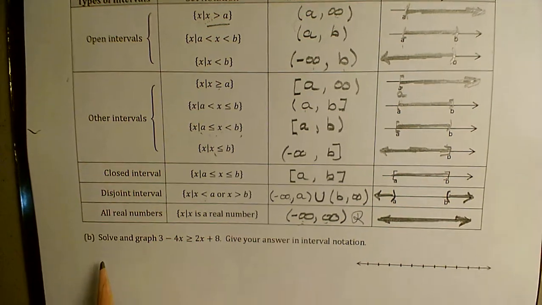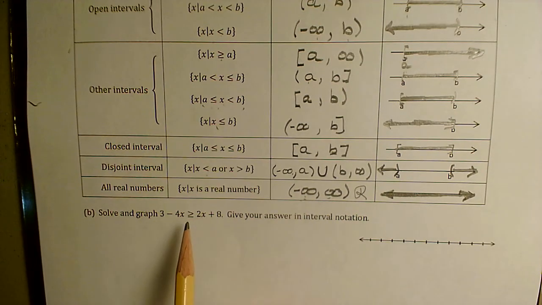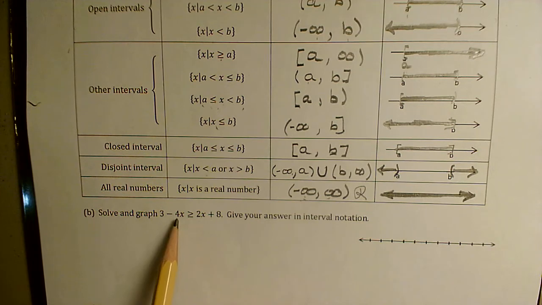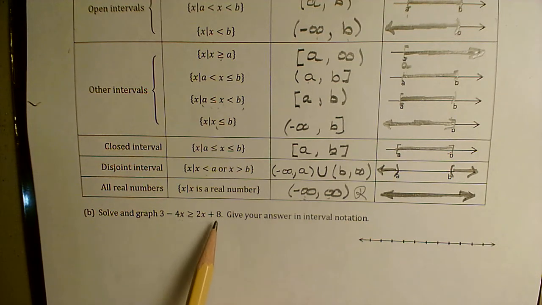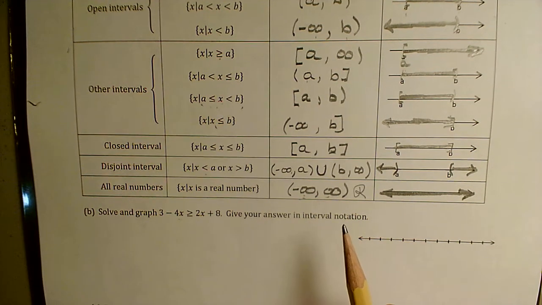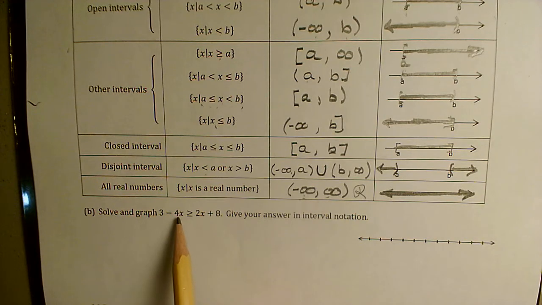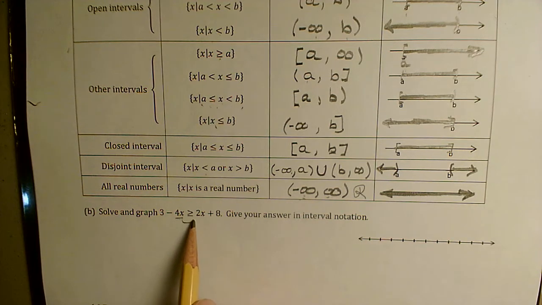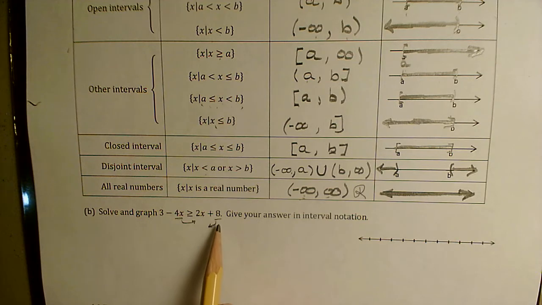All right, let's try B then. Solve and graph this inequality. Give your answer in interval notation, and so we want to graph it there. What I typically do is move the x's in one direction and the y's in the other, and I usually start by moving the smallest x. The -4x is the smallest, so I'm moving it to the right, and I'll move this 8 to the left by subtracting it.